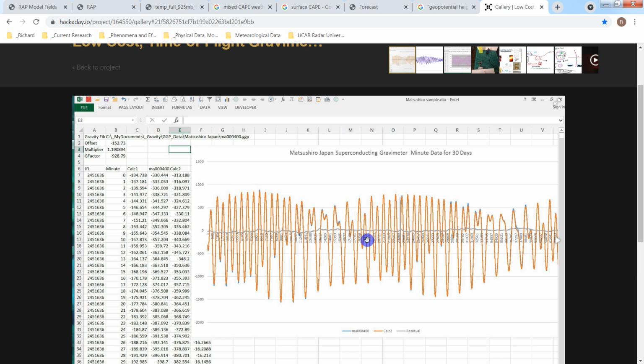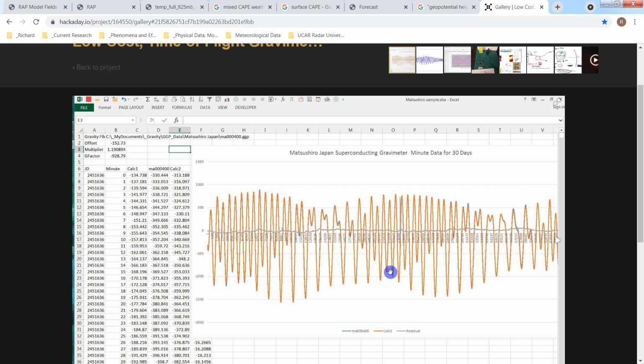Then I calculated GM/R squared, the Newtonian gravitational acceleration, at the station, and then subtracted off the gravitational acceleration of the Sun at the station minus the Sun at the center of the Earth, the Moon at the station minus the Moon at the center of the Earth, added the centrifugal acceleration term for the station on a rotating Earth, and then rotated that into station north, east, and vertical.